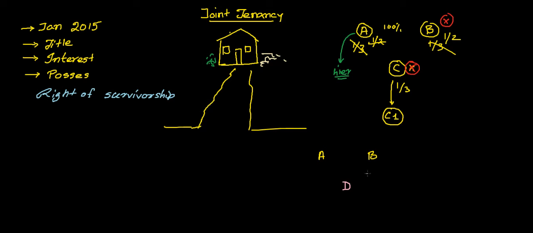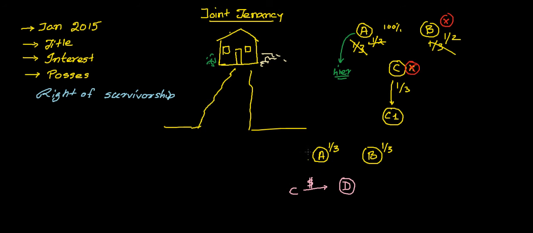And let's say C sells that to D for some dollar amount. Now D is not going to enter into the joint tenancy. A and B still are in joint tenancy with 1/3 and 1/3.